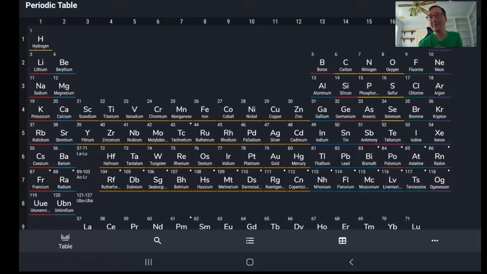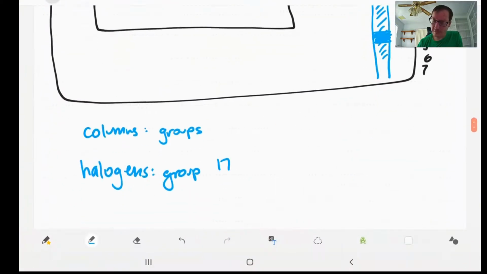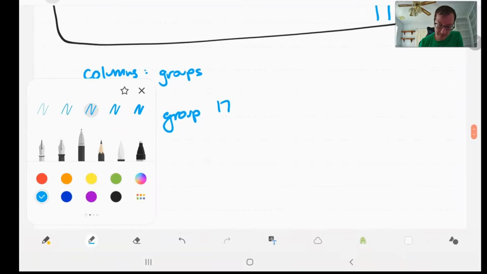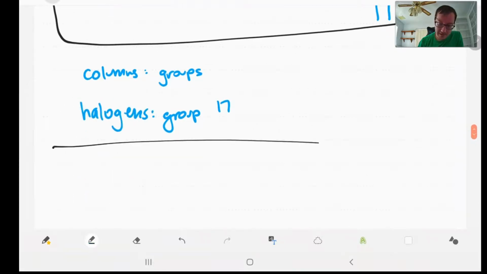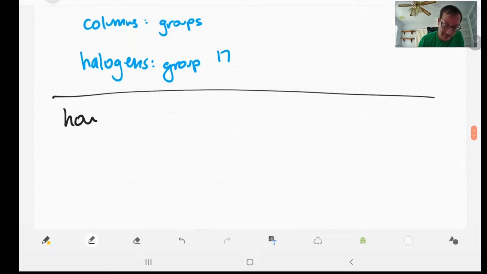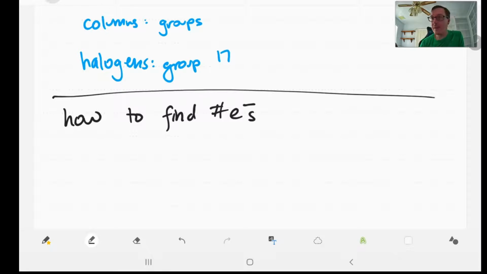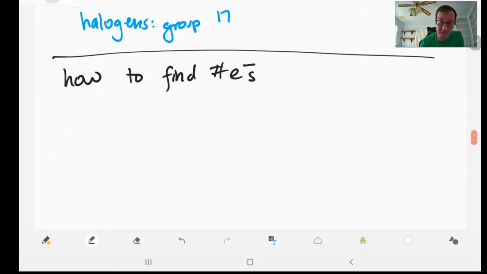So I guess we can go over Miriam's question, since she wrote it. Can you reveal the solution on how to find the number of electrons? Okay, cool. We can do this. It's kind of a hard question because I don't quite know what she's asking, but we'll try. So, how to find the number of electrons?